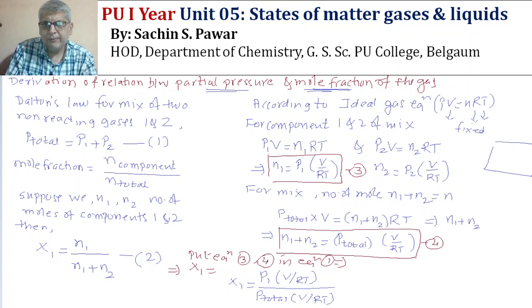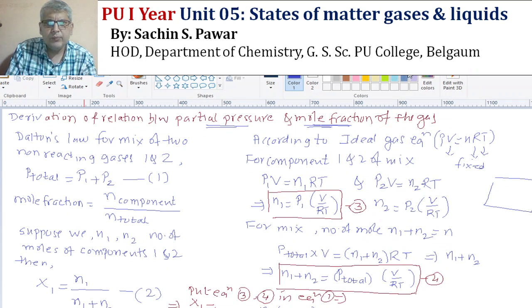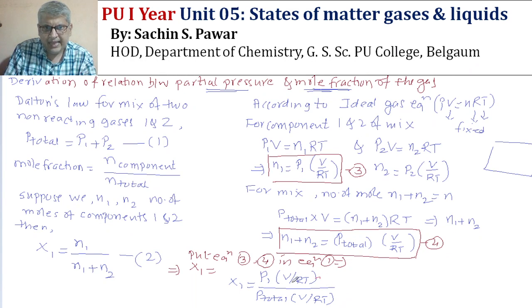Here V by RT is common in the numerator and denominator, therefore I can easily cancel it. And that implies x1 into P total is equal to P1.